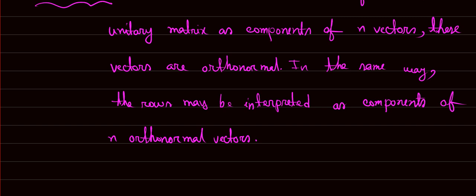So we have to prove this. This is telling us that for the matrix elements of an n by n unitary matrix, all the columns can be treated as orthonormal vectors. So we have to see this.